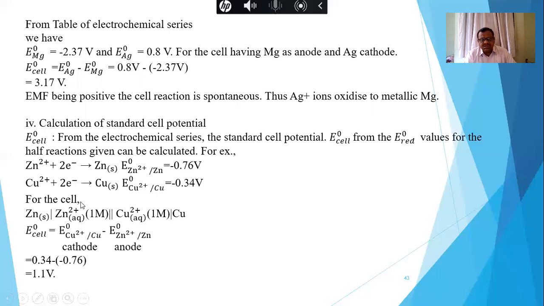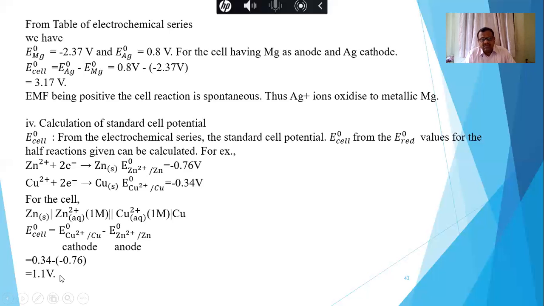For the cell reaction, we write a cell like this: Zn, a single vertical line, Zn2 plus aqueous solution, 1 molar concentration, double line which indicates the salt bridge, Cu2 plus aqueous, 1 molar concentration, a single vertical line along with copper. When we write the EMF of this cell, E standard cell is equal to E standard Cu2 plus upon Cu minus E standard of Zn2 plus upon Zn, that is cathode minus anode.